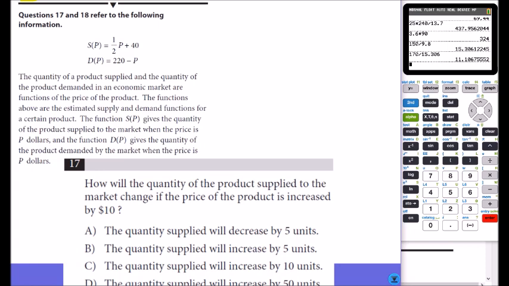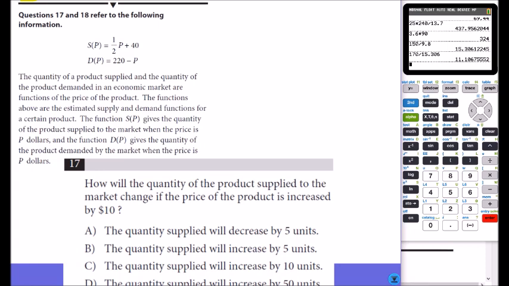Question 17: the quantity of product supplied and the quantity of product demanded in economic markets are functions of the price of the product. The functions above are the estimated supply and demand functions for a certain product.